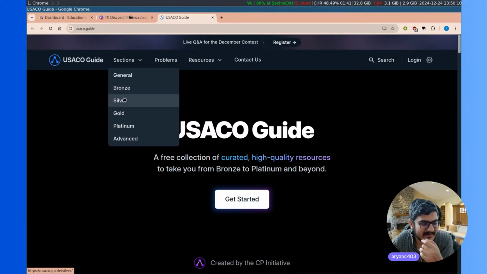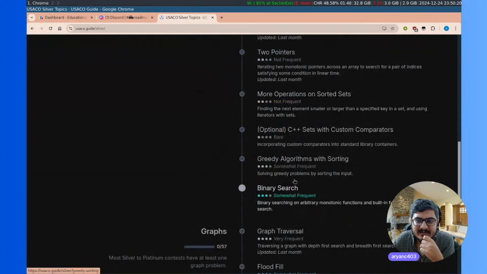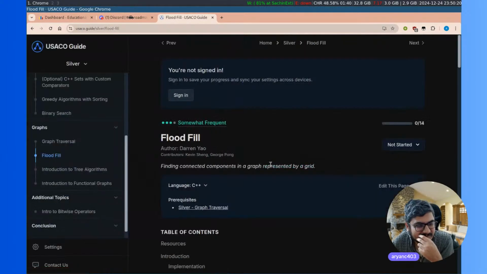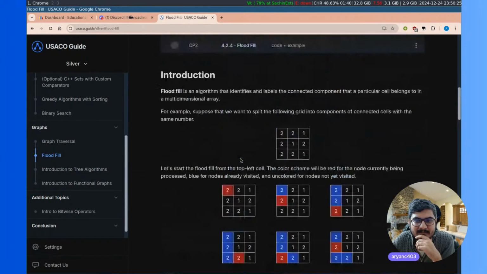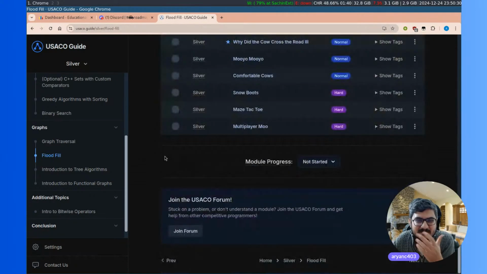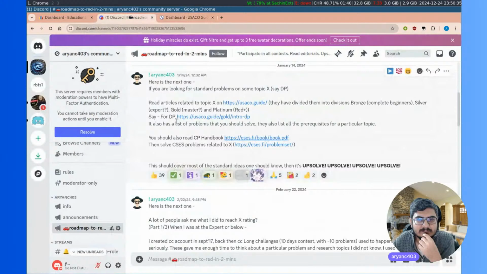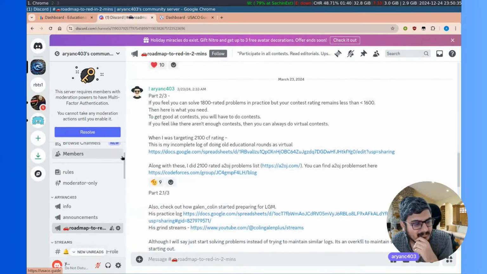So whatever your current rating is, you can pick a topic and try to solve problems for those topics. This also has some related problems which you can probably solve here. This is an excellent guide and it has a lot of resources, so you can check it and find more advice here.